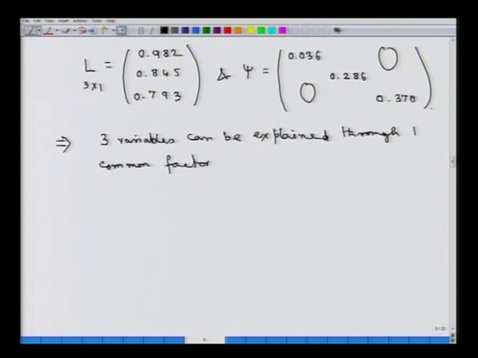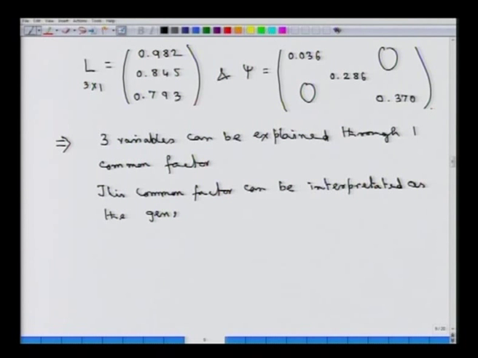If you look at the common factor, then that common factor may be interpreted as the general ability as such. This common factor, one common factor here, this common factor can be interpreted as the general ability.